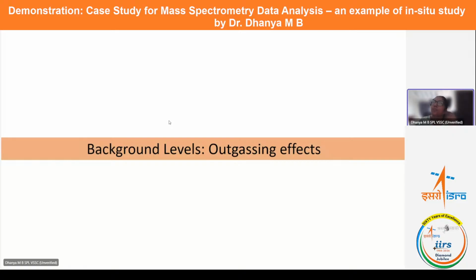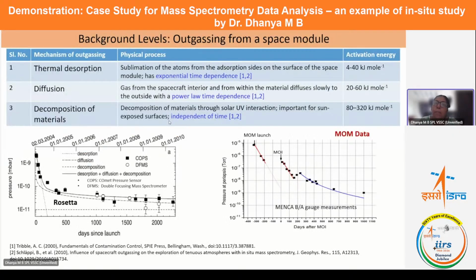That is one reason we see even a water H2O peak at 18 AMU in space. That is not lunar water, basically. It is water that was oozing out, getting released at that time. So we have to tackle these things before the final interpretation of these volatile gases.